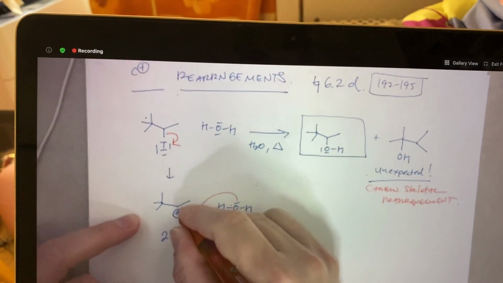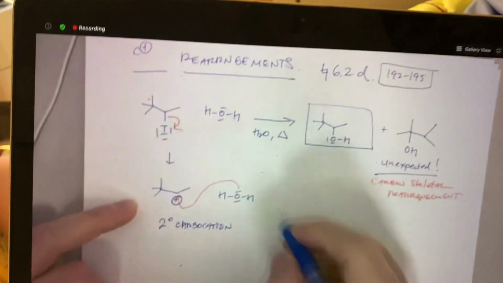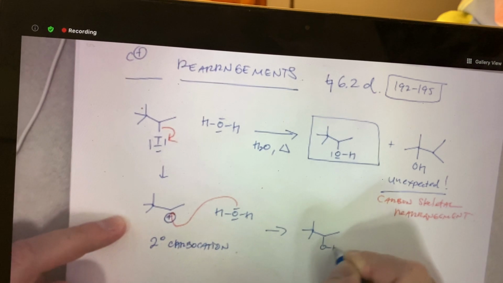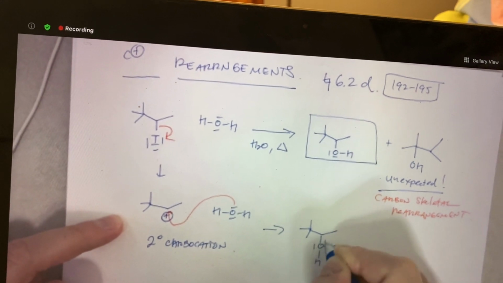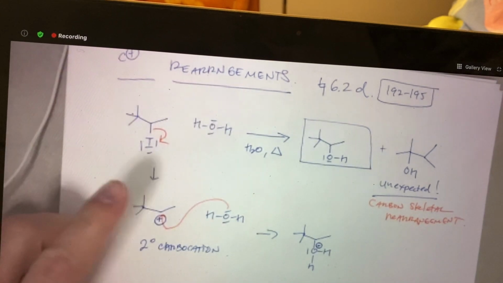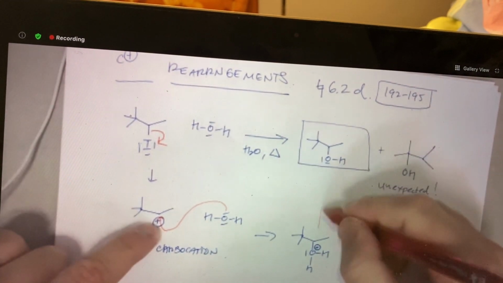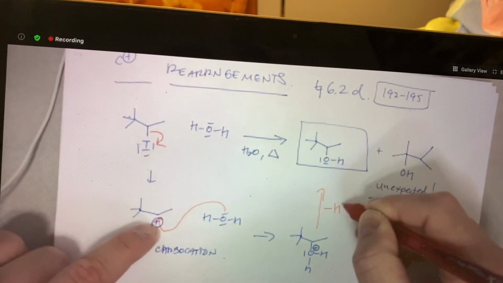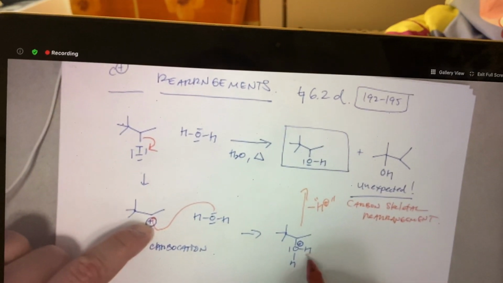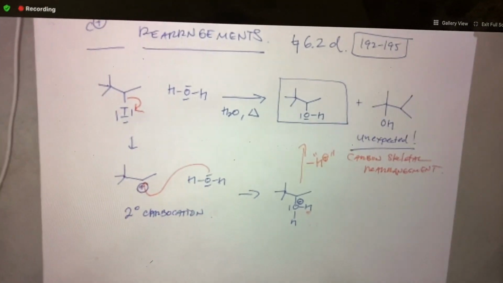Leaving group leaves. Nucleophile attacks. We get an oxonium ion by this process where we push 2 electrons here. And to get to this particular product, we just have to do an acid-base reaction where we subtract one of these acidic protons.